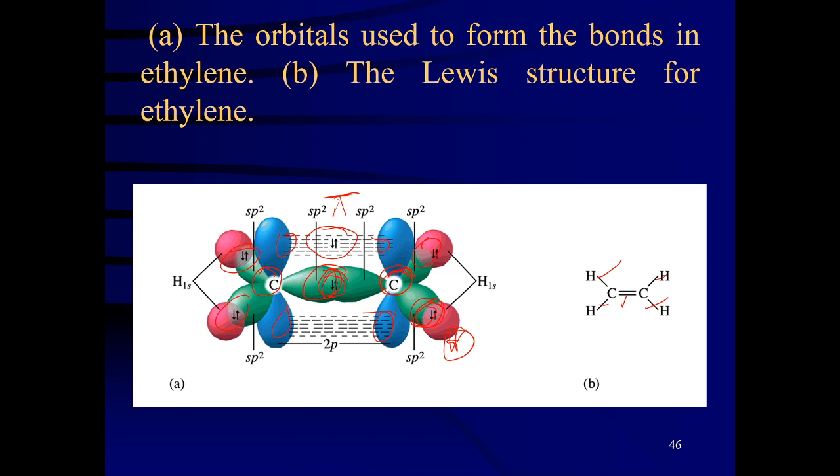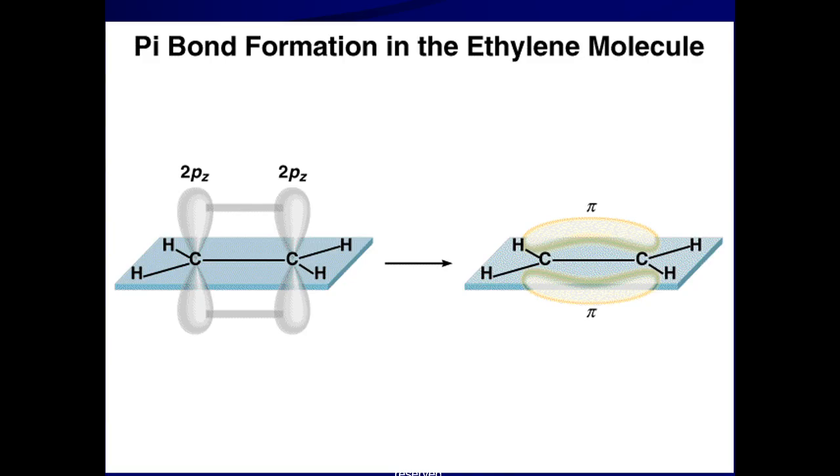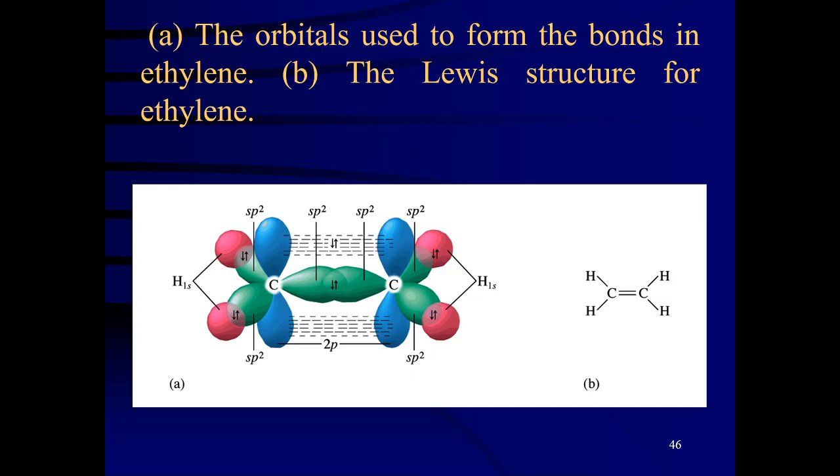So the shape of ethylene will basically look like this. Now, what will be the geometry? Two things that you need to note is that ethylene, since it has a double bond, is normally planar.